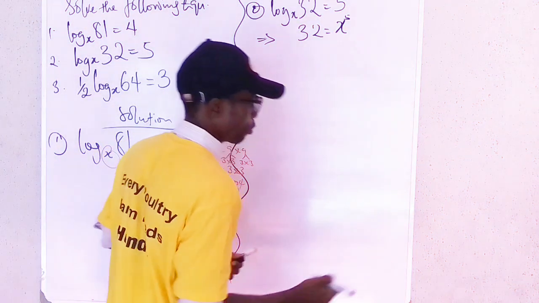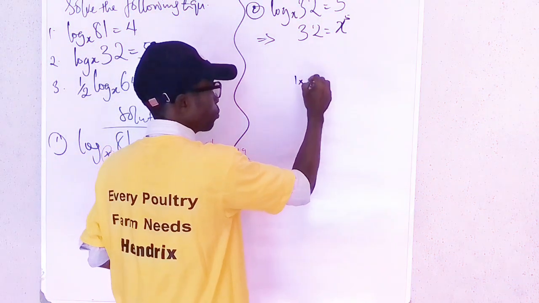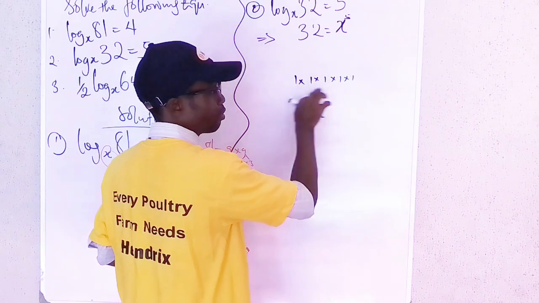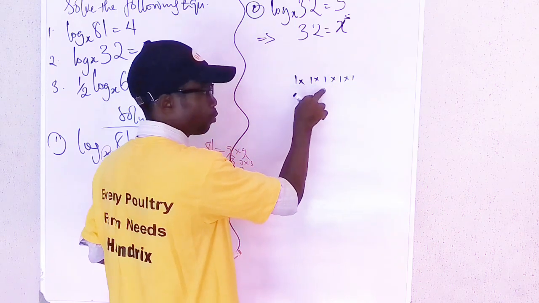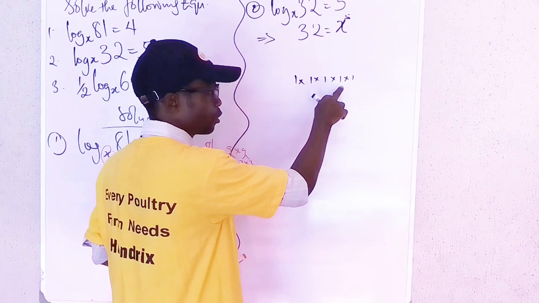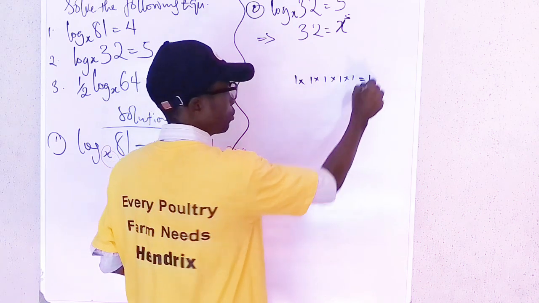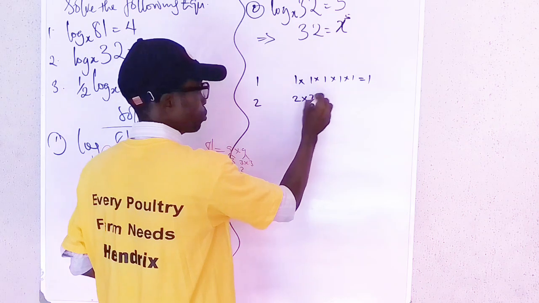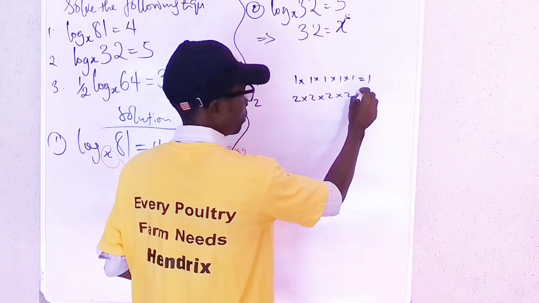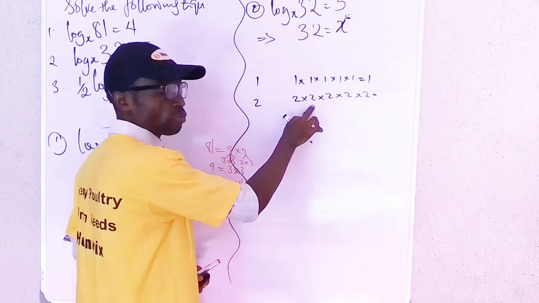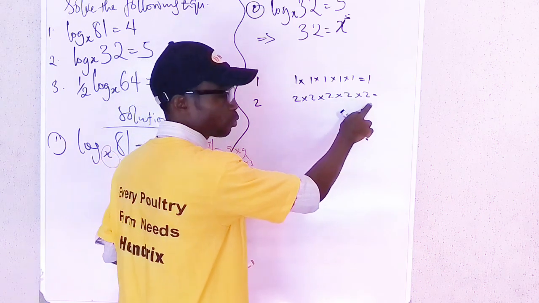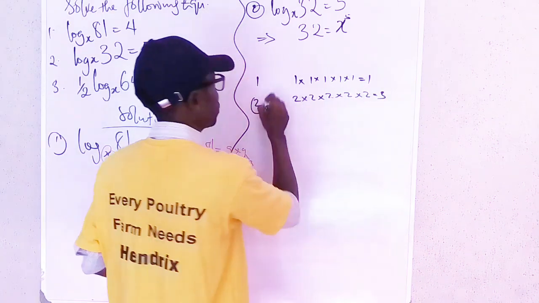So let's start from 1. 1 times 1 times 1 times 1 times 1. How many ones do we have here? 5. 1 times 1 is 1, and so on, so this was 1. Let's try the next number: 2 times 2 times 2 times 2 times 2. 2 times 2 is 4, 4 times 2 is 8, 8 times 2 is 16, 16 times 2 is 32. So 2 is this number.